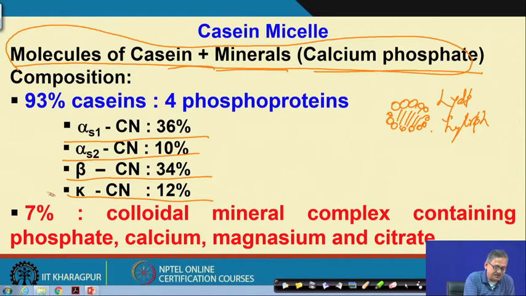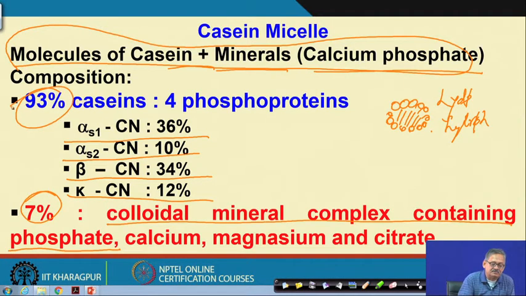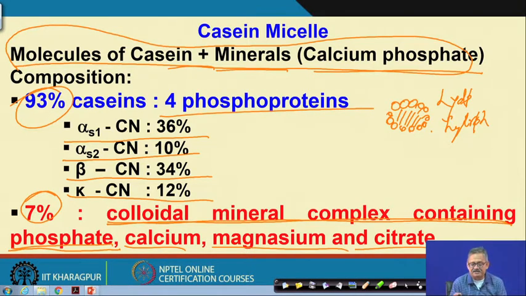Now, 7% is colloidal mineral complex. So, 93% was casein, where four phosphoproteins were there, and 7% colloidal mineral complex is there, where phosphate, calcium, magnesium and citrates are present.